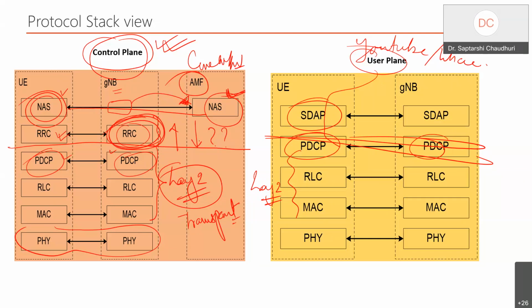It has to go through this layer 2 transport. Similarly, if it is YouTube data that it wants to send to or receive from the network, or an FTP file it wants to upload to the network, it still has to take these layer 2 services. So this is the governing principle.